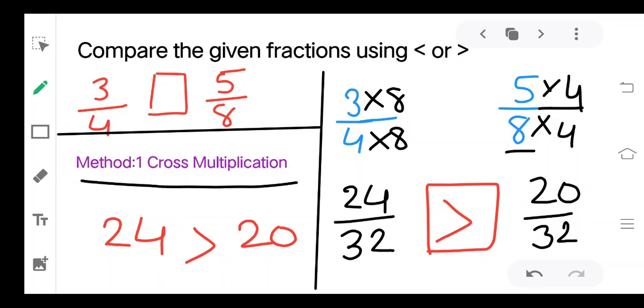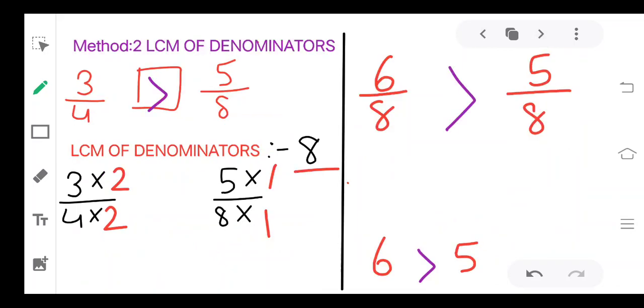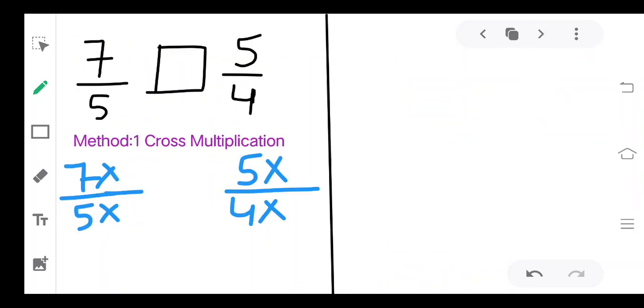See students, we solved the same fractions with two different methods. One is cross multiplication. Second is LCM of denominators. It is completely your choice which method you use. Now again I am going to give you one more example of cross multiplication. You can see here different denominators are given.